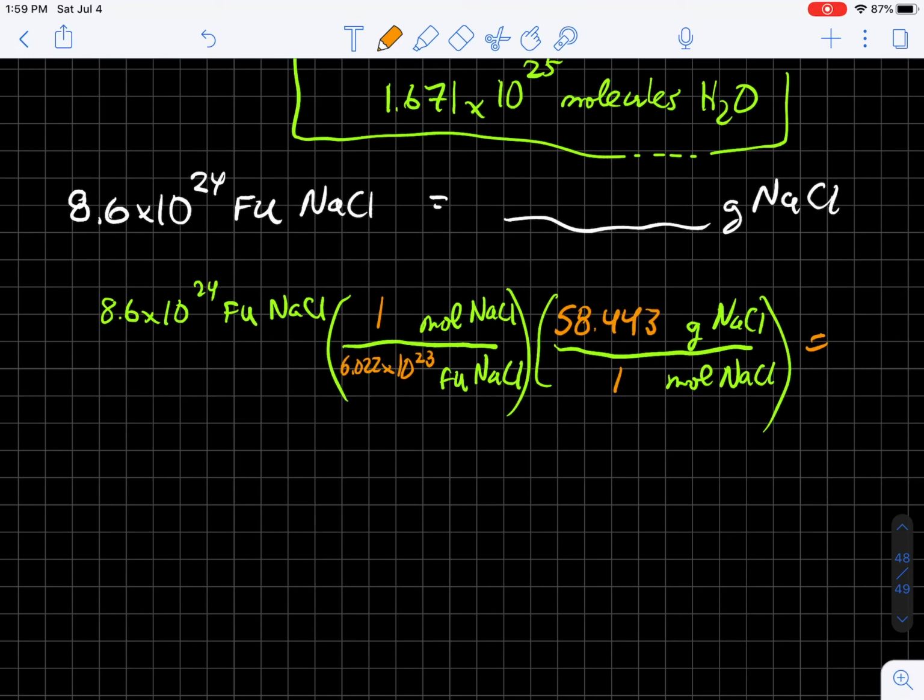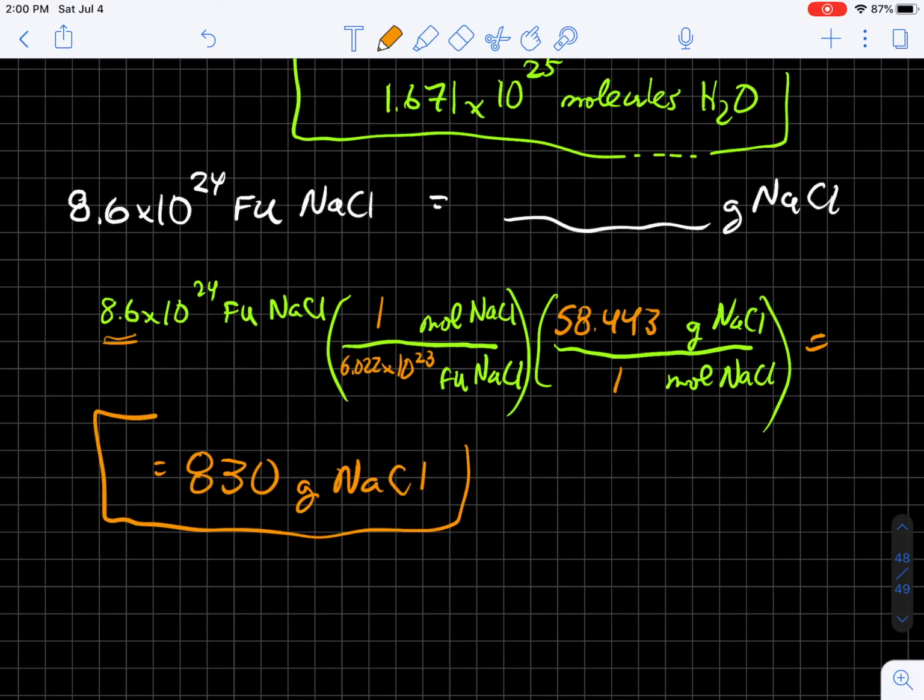Okay, so now we get out our handy dandy calculator and we just do the math. 8.6 exponential 24 divided by 6.022 exponential 23 times 58.443, and I get 834.6227167. So how many sig figs? Only 2. So this is going to round down to 830 grams of sodium chloride.